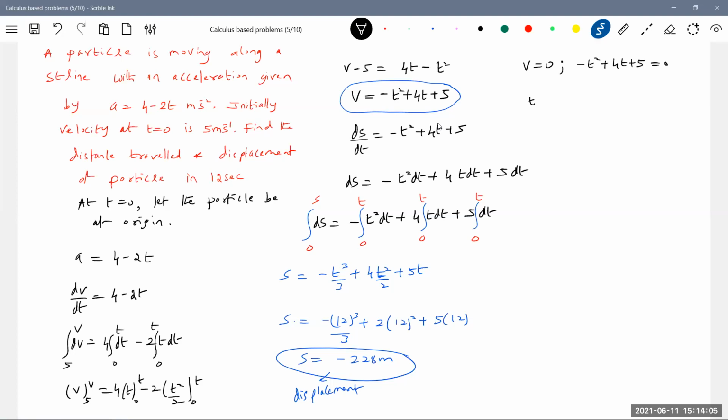It's a quadratic equation. t is equal to -4 plus or minus the square root of 4 squared minus 4 into 1 into 5, by 2. 16 minus 10 by 2, root 6 by 2. Sir, it's b squared minus 4ac.